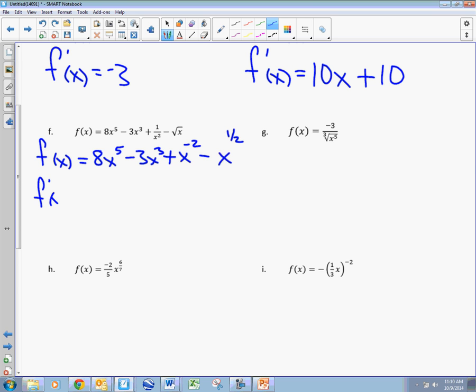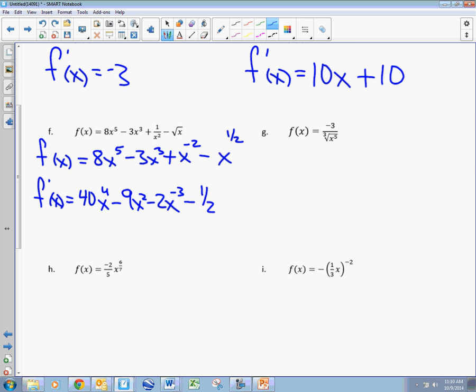So you have to be able to rewrite it in a form that you can then apply the rule. So f prime of x is equal to, what's the derivative of 8x to the fifth? 40x to the fourth minus an x squared minus 2x to the negative 3. A lot of people would put negative 1. Again, you're subtracting 1. So it goes from negative 2 to negative 3.